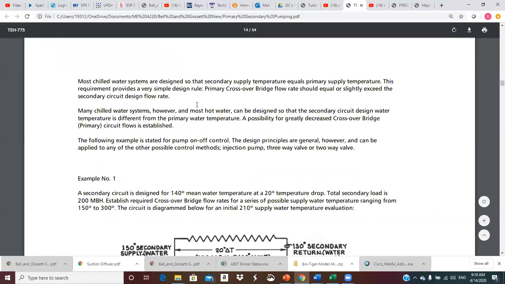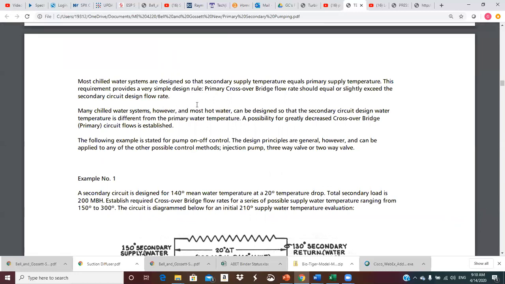Most chilled water systems are designed so that the secondary supply temperature equals the primary supply temperature. This requirement provides a very simple design rule. Primary crossover bridge flow rate should equal or slightly exceed secondary circuit design flow rate. And so, I mean, that's pretty simple.